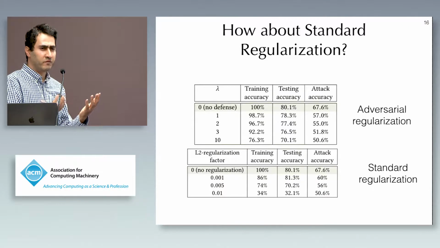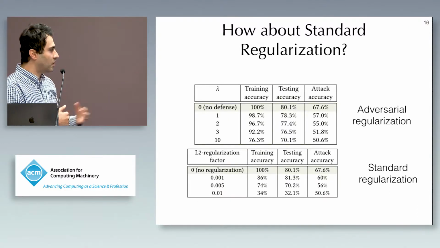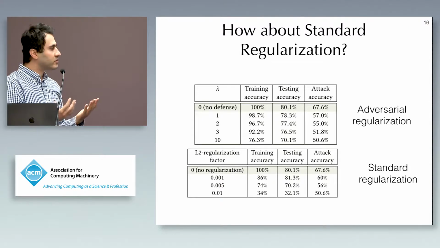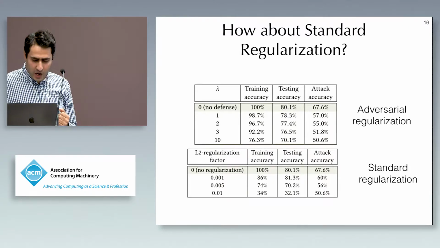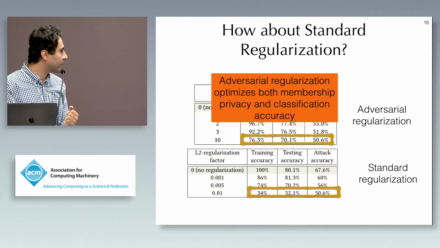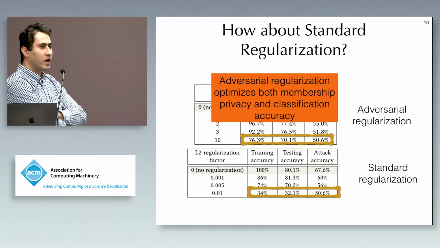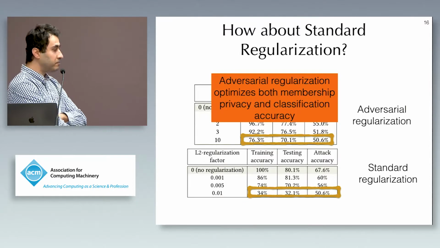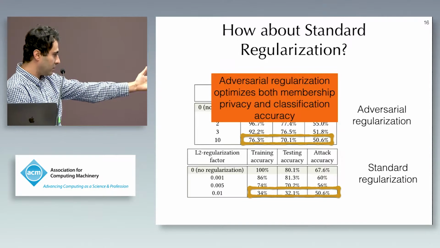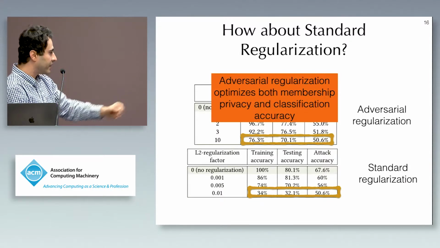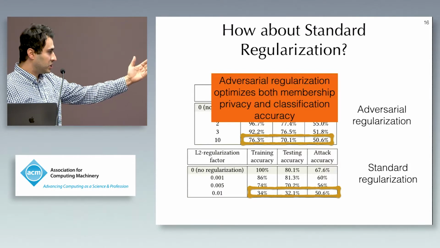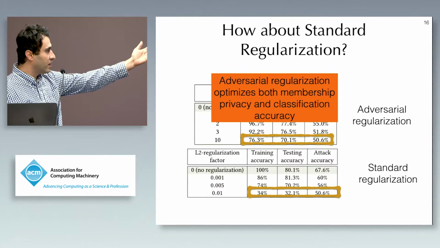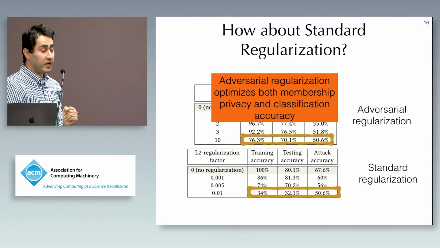If the only thing it's doing is regularizing the model to protect privacy, why not just use some standard regularization to fix the privacy problem? The answer is yes. In fact, you can use standard regularizers like L2 regularizer to address the membership privacy problem. With specific values of regularization, you can achieve an attack accuracy very close to what we achieve with our adversarial regularization.